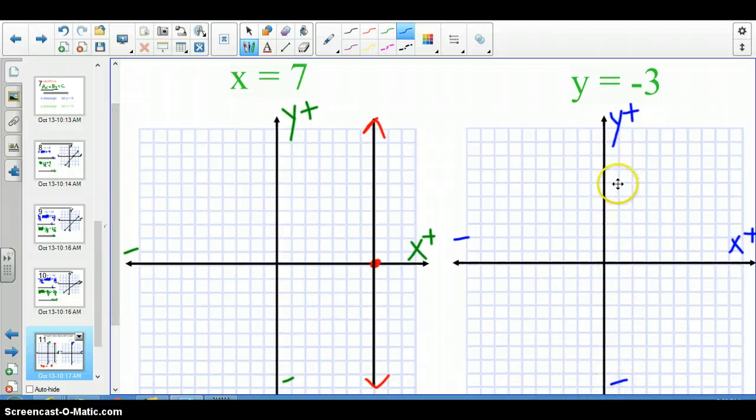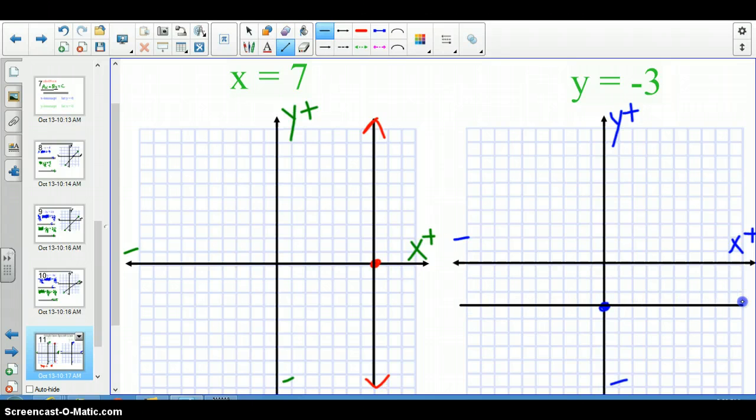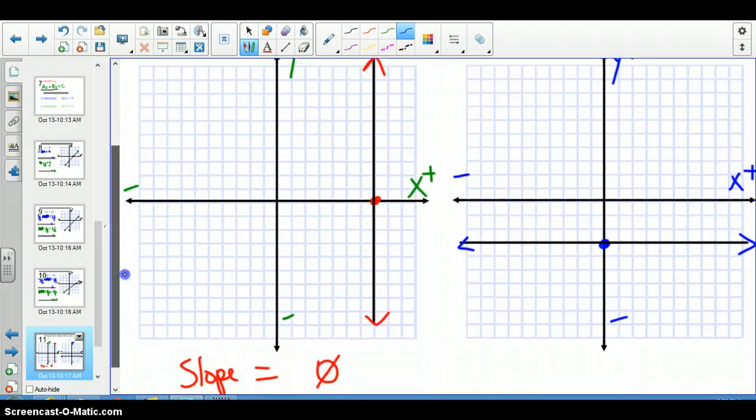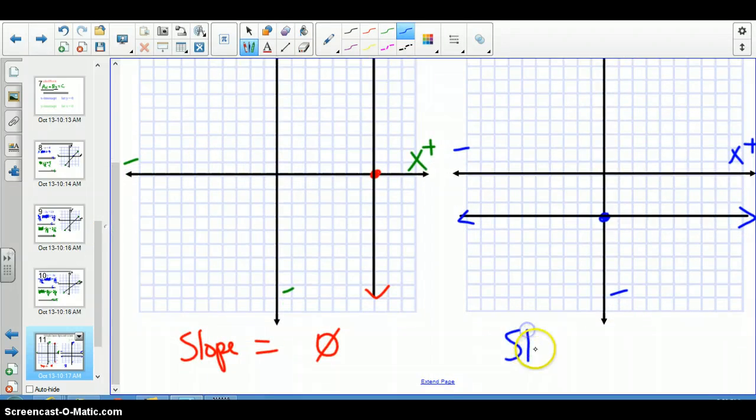So y equals negative 3, so I go down 3 units, plot a point. Y equals are always horizontal lines. X equals are always vertical lines. So now my slope of a horizontal line is undefined.